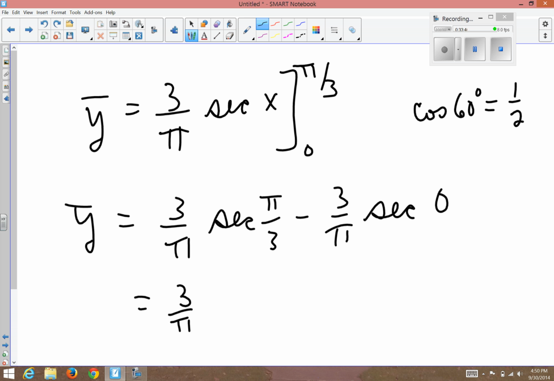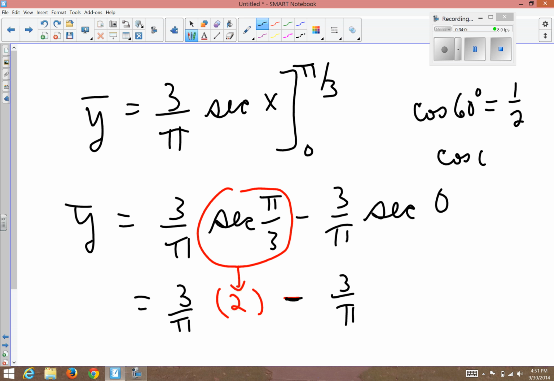That makes the secant of 60 degrees the reciprocal of cosine, which is 2. The cosine of 0 is 1.